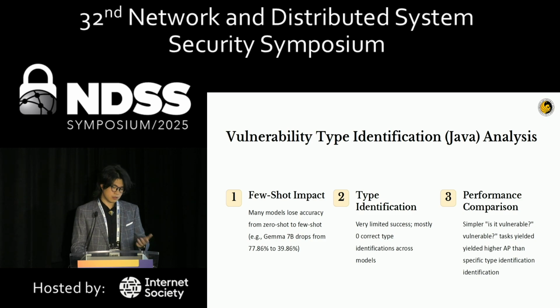Based on the table, some models maintain moderate AP, but virtually all fail at identifying the specific type. Most remain at 0 or just a few correct cases. Moreover, switching to few-shot often lowers the overall accuracy. This highlights how multi-class labeling is significantly tougher than simply detecting whether the code is vulnerable.